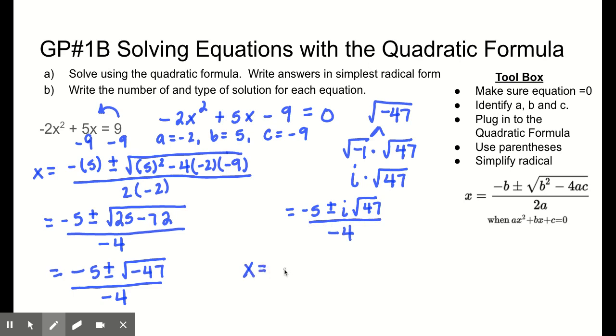So here we get x equals negative 5 plus i radical 47 divided by negative 4, and x equals negative 5 minus i radical 47 divided by negative 4.